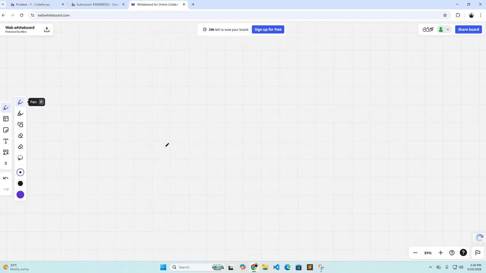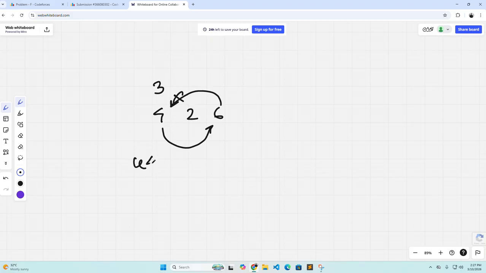Like if you are given 3 4 2 6, you can connect 4 to 6, and 2 to 4, but you cannot connect 6 to 4, because u must be less than v.